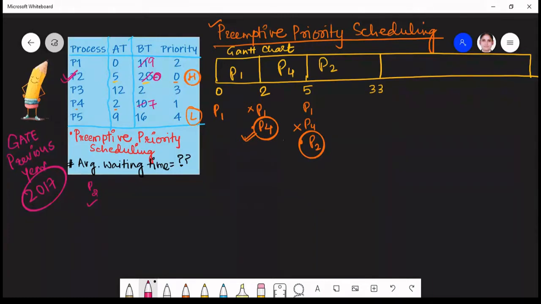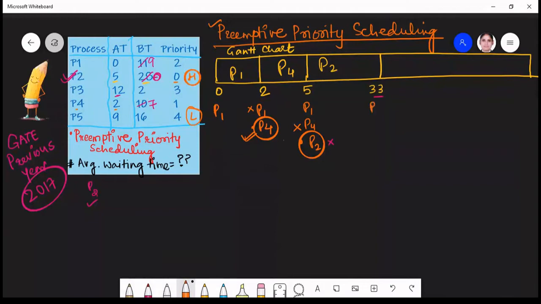Now the time left is 0. After 33 milliseconds, since the highest arrival time is that of process P3, which is 12, all the processes have arrived in the system and are waiting for the CPU.